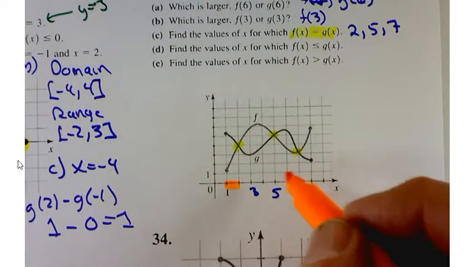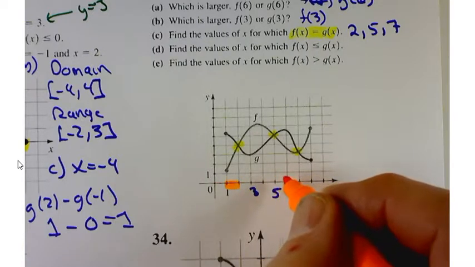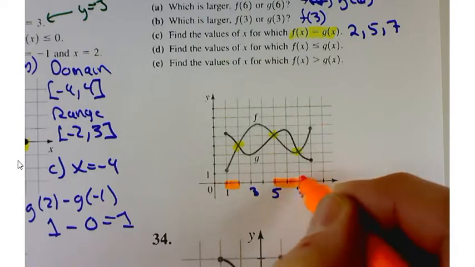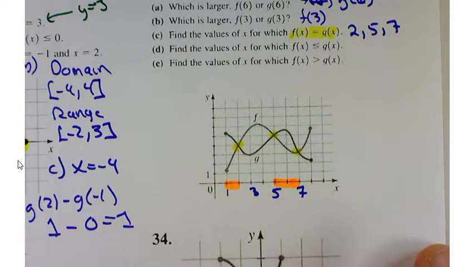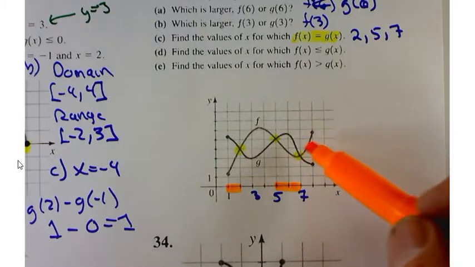And then f of x is bigger than g of x until we get to 5. And between 5 and 7, things flip-flop. G of x is bigger than f of x again.